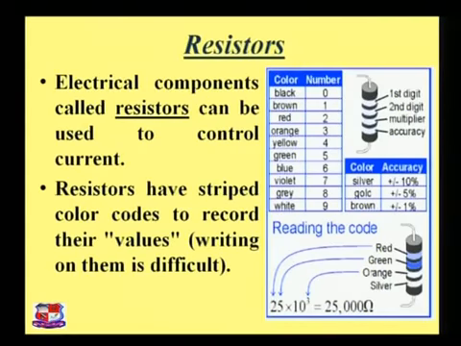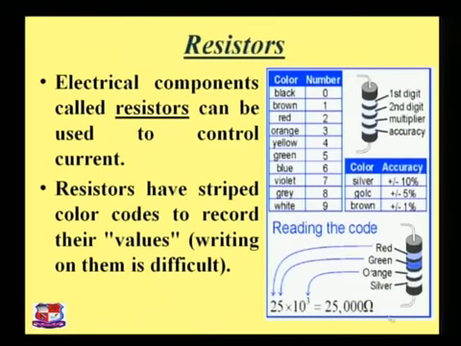According to that table and that example, red has the value 2 and green has the value 5. So the first digit is 2, the second is 5, which means 25. Then the third one is the multiplier. Orange has the number 3, so it is 10 raised to 3, that is 1000. So 25 times 1000 means a 25 kilo ohm resistor.